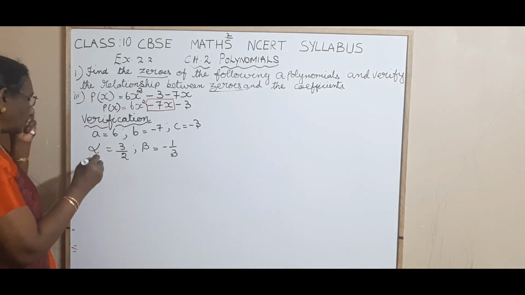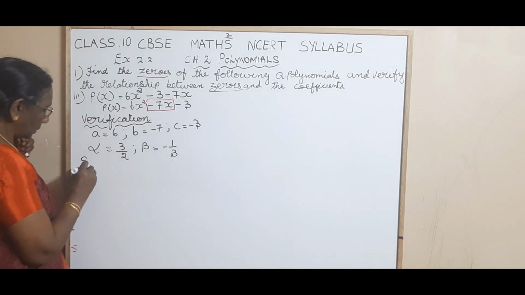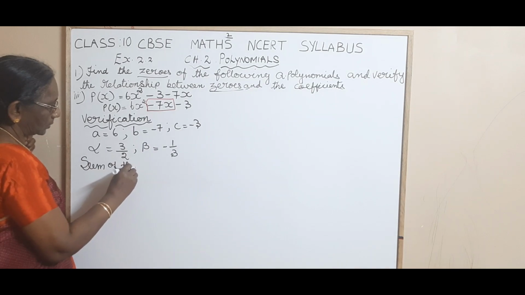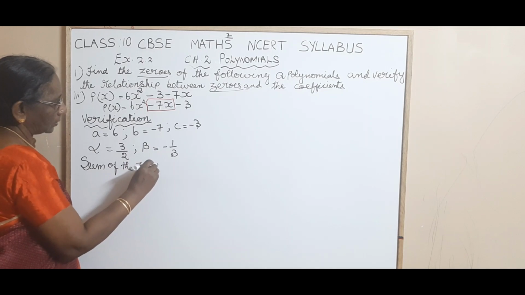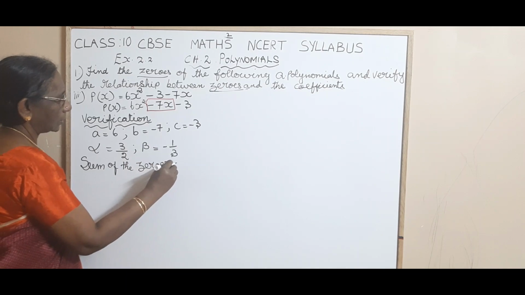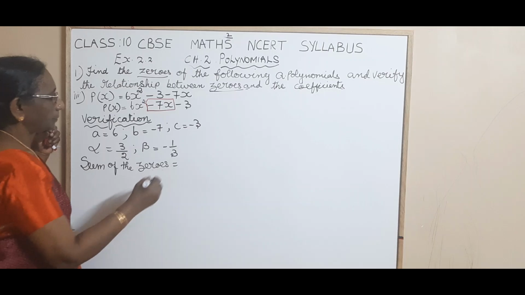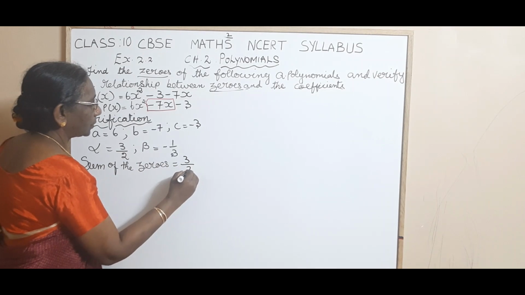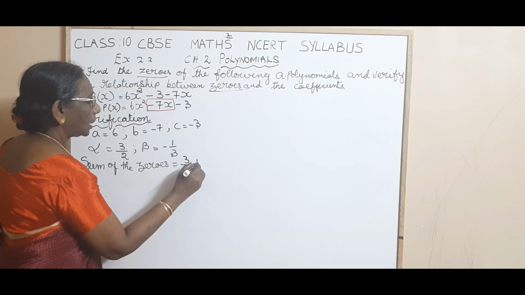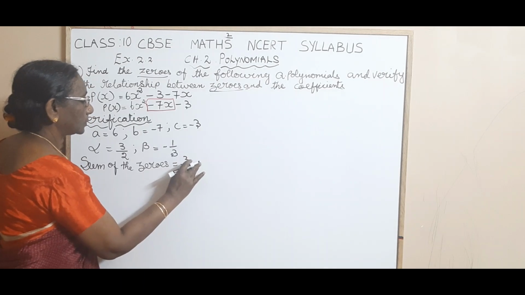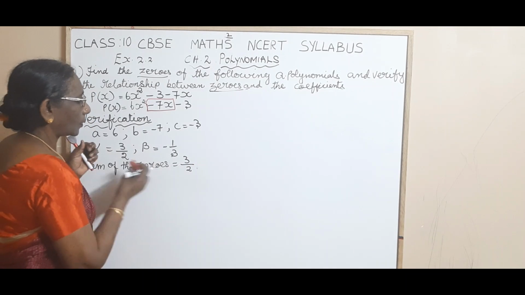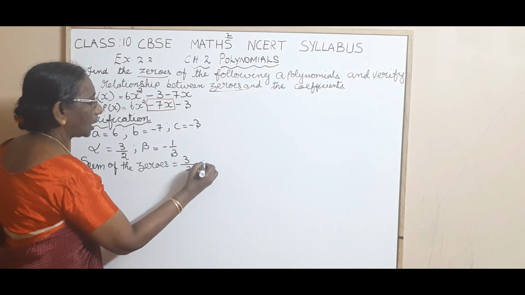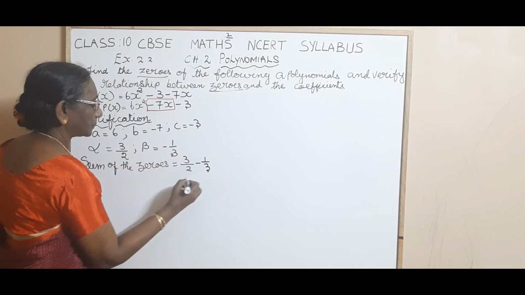So first one, sum of the zeros is equal to what? Alpha is 3 by 2 and beta is minus 1 by 3.